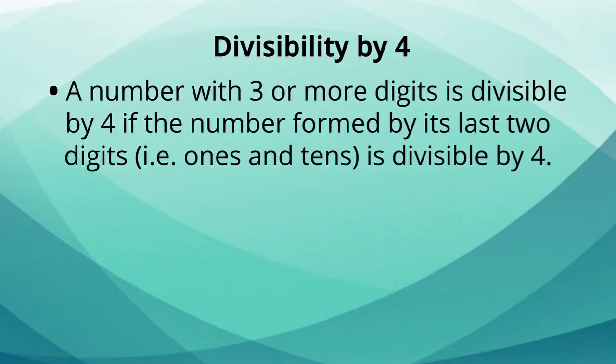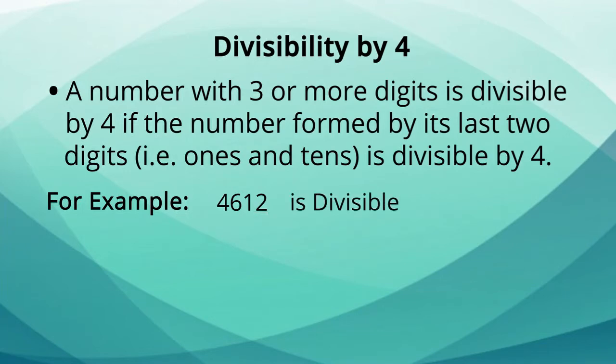Dear students, now let us take few examples to understand the divisibility by 4. Let the number be 4612. We can see that the last 2 digits, that is the ones and tens numbers, is 12, which is divisible by 4. Hence, we can say that 4612 is divisible by 4.